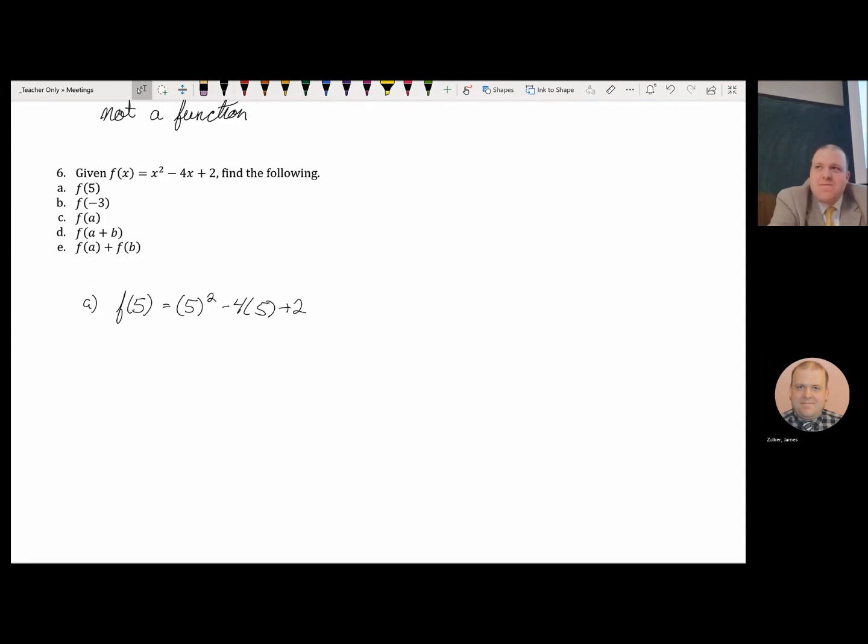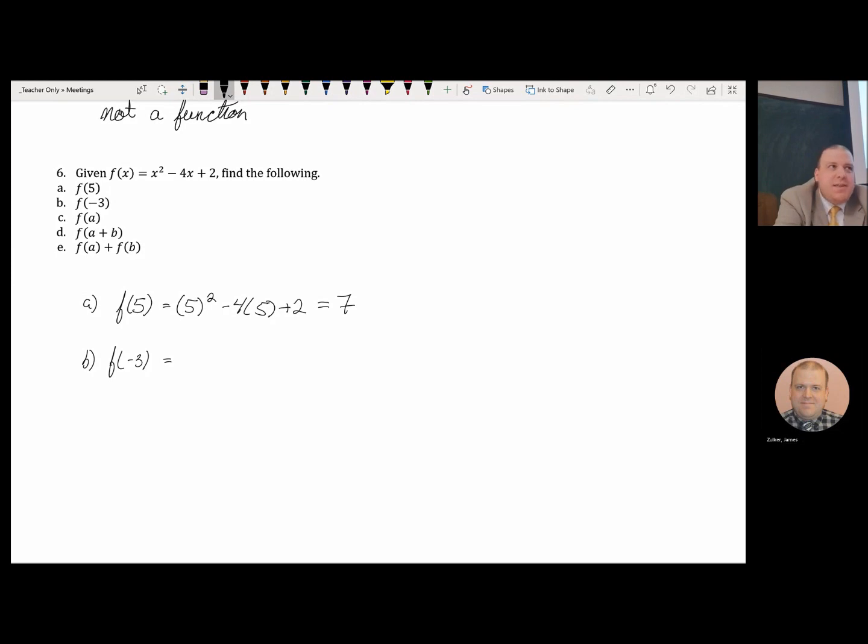So 5 squared, 25. 4 times 5 is 20, right? 25 minus 20 is 5, plus 2 is 7. So we say f of 5 is equal to 7. Same thing.